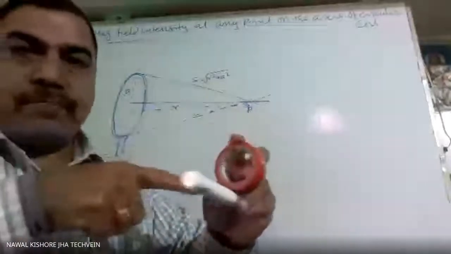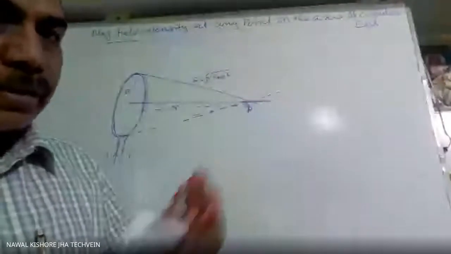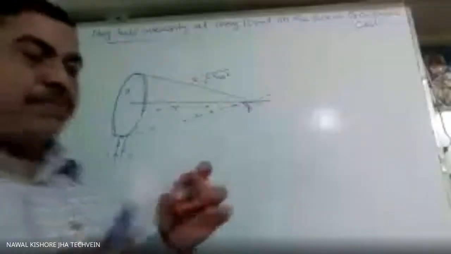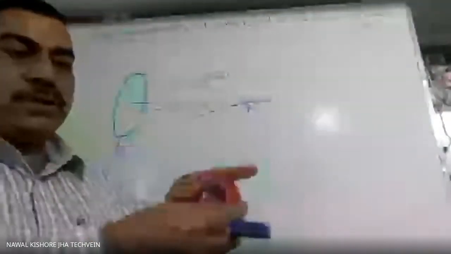Once again: the angle between the current element, as the current is passing suppose clockwise. The current element is this one, the direction along the finger.